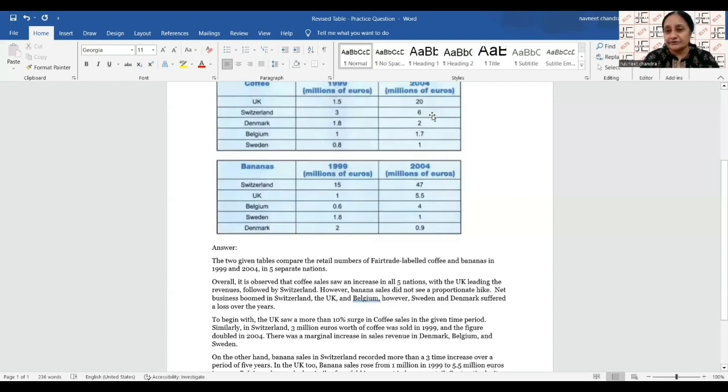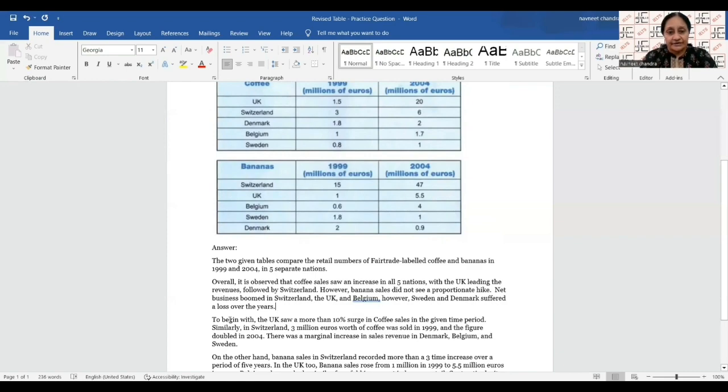So we can write like this also. We need not write 6; we can say the figure doubled. Because what the examiner is seeing here is how you are going to present the report, what language you are going to use, and how you are going to use the English language.